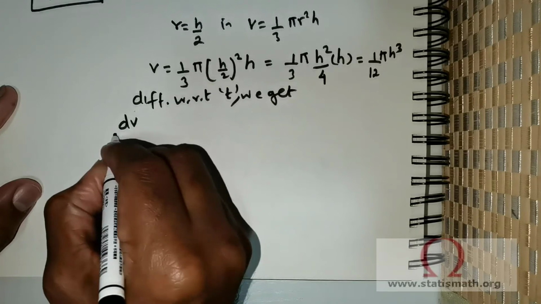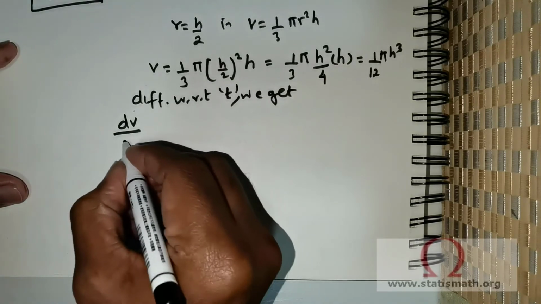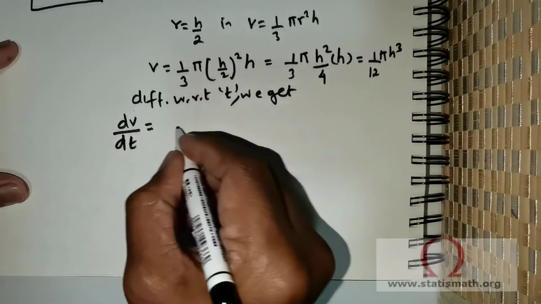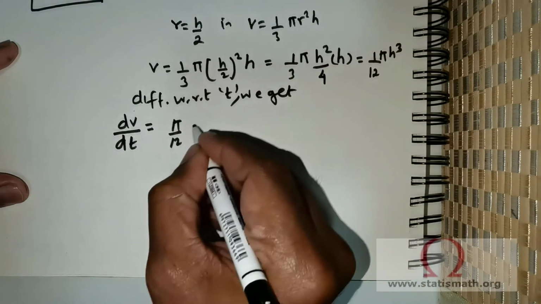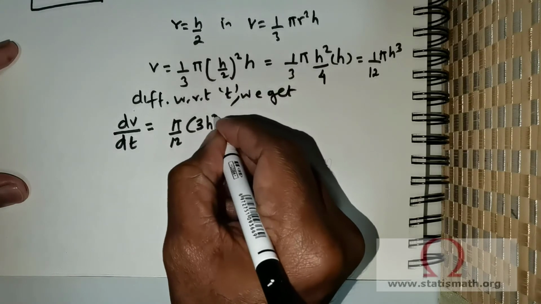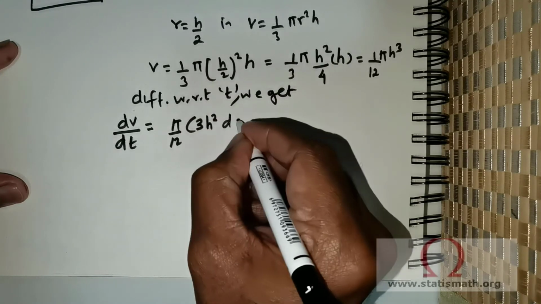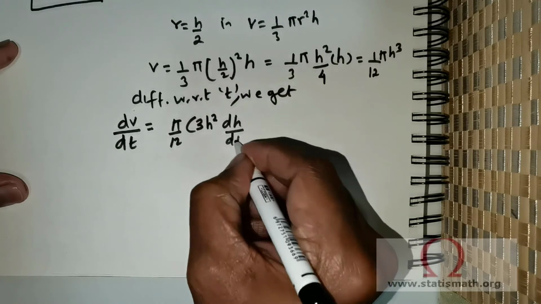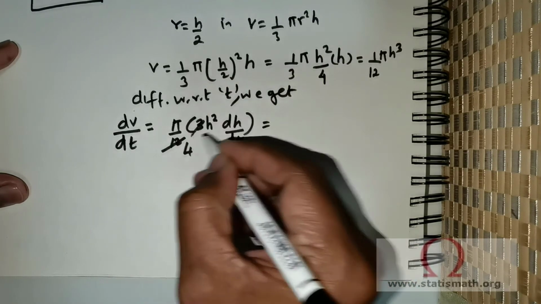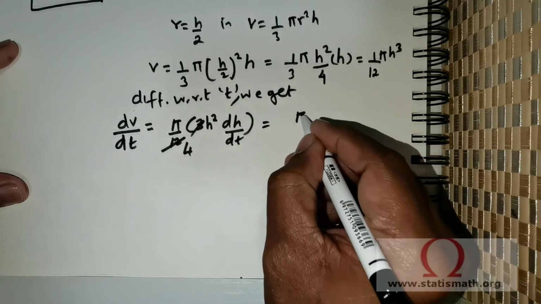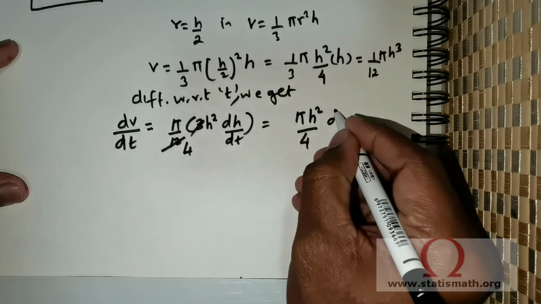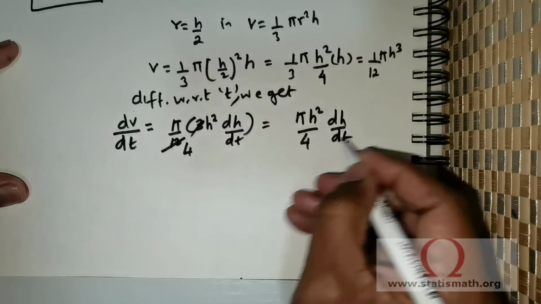We get dV divided by dt equal to, we need to differentiate this quantity. That's pi over 12 times the differential of h cubed, which gives 3 h squared, times the differentiation of h, that's dh over dt. Now 3 divides 12 four times. So that's pi times h squared over 4 times dh over dt.